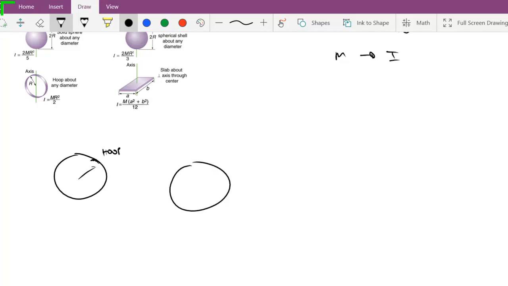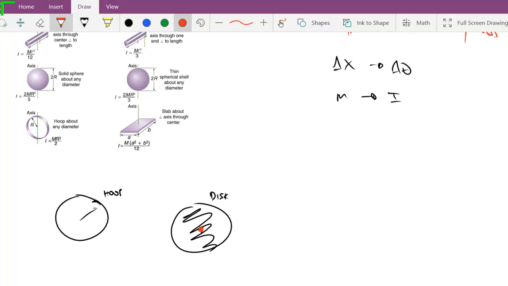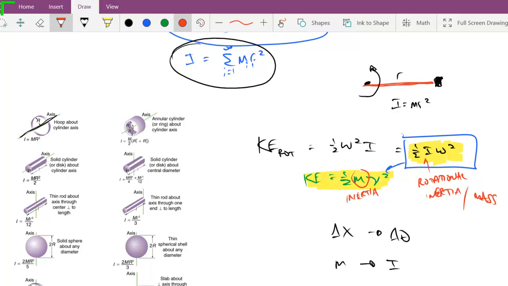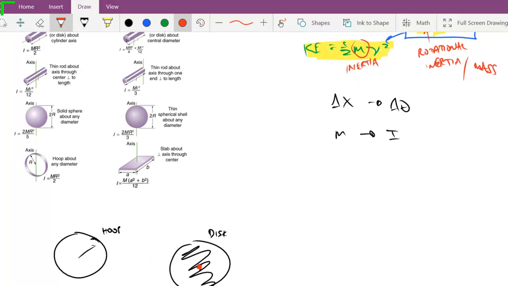But if we have something like a disk, which is solid, then some of its mass is located right here near the center, and the rotational inertia for a piece of mass right at the center would be 0, right? Because that distance r is very small. If it's no distance away, it has no rotational inertia.